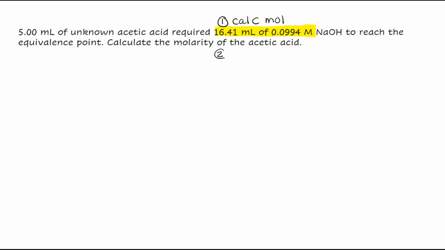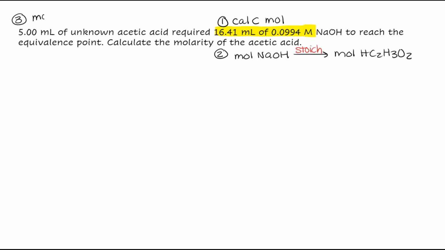The second step will be to relate moles of the NaOH, which is known, to the moles of acetic acid using the stoichiometry mole-to-mole ratio. And then the third step is over here.